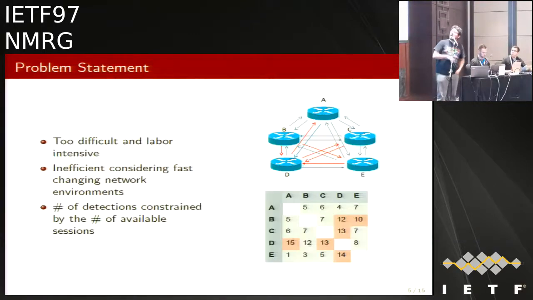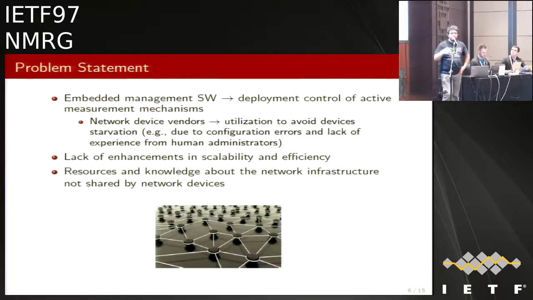Next slide. Today, the network equipment vendors embed management software to control measurement mechanisms, and this is usually done in order to avoid problems such as starvation or inefficient operation of the device because of the resources which are being used for the measurement mechanisms.